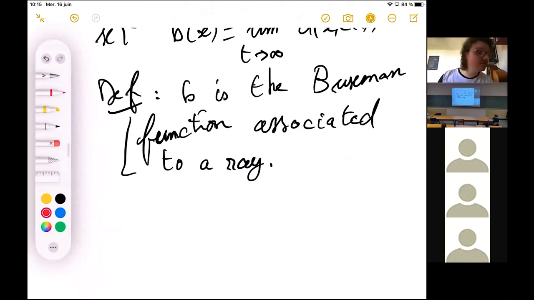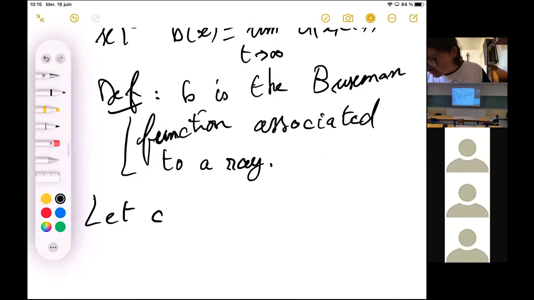Okay, so what can we do with that? When we have a line, we get two Busemann functions for free. So now let c be a line.